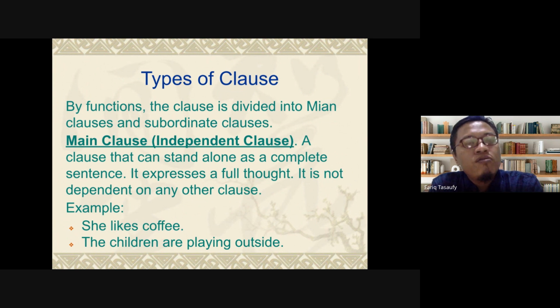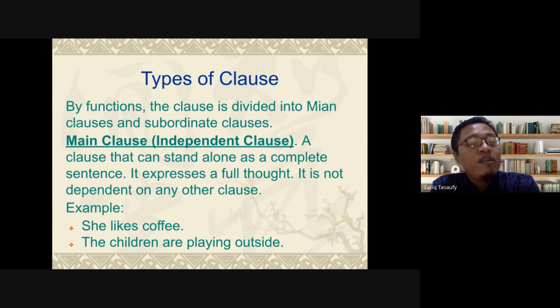The main clause or independent clause is a clause that can stand alone as a complete sentence. It expresses a full thought and is not dependent on any other clause, such as "she likes coffee," which is already a complete sentence. You don't need to add other elements in order to understand this kind of utterance.